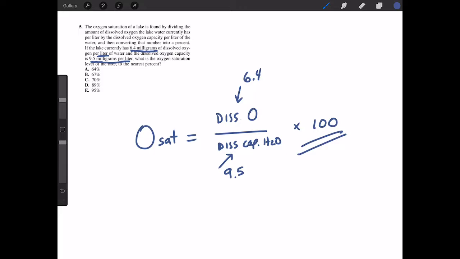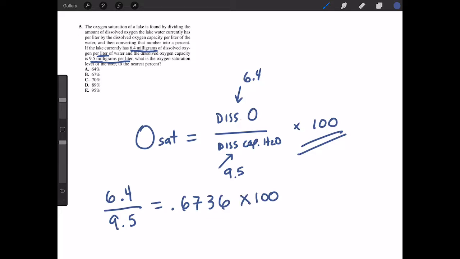So what we need to do is simply divide 6.4 by 9.5, which is equal to 0.67. I'm just going to use 4 digits here, and notice what happens when we multiply this by 100. I'm truncating, that means I'm just using 4 digits without rounding.